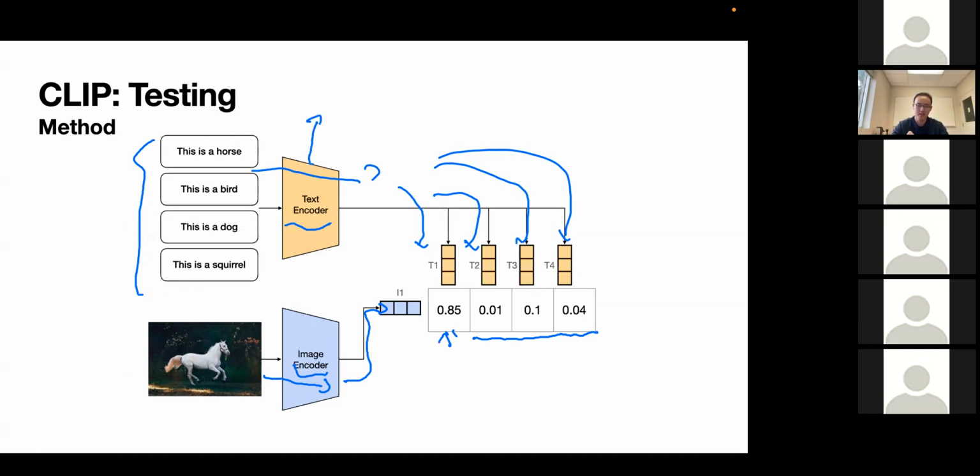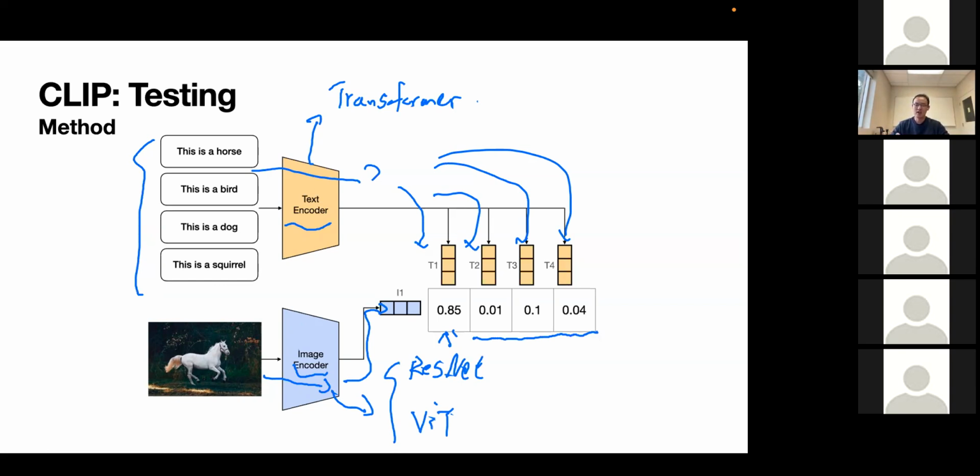For the text encoder, this is just a transformer, and this is the only choice. For the image encoder, this can be a ResNet or a visual transformer. I don't know if this explains your question.